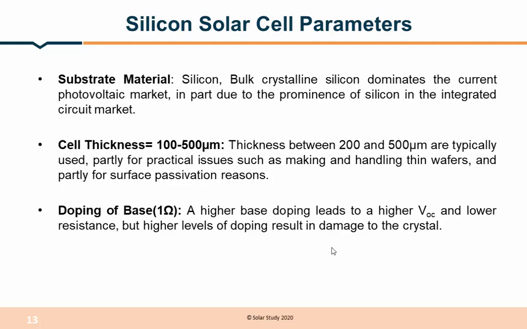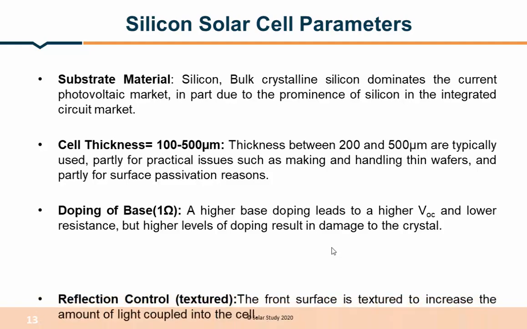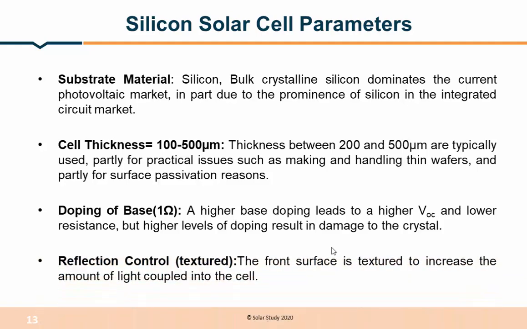Due to this, we will get a sufficiently high open circuit voltage. This doping base can be aluminum or boron, and its resistance should be 1 ohm.